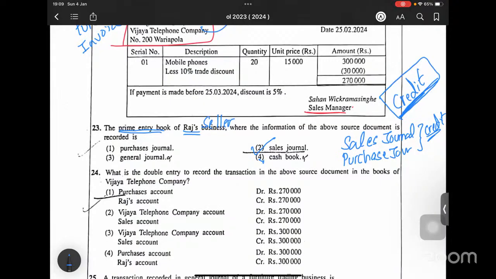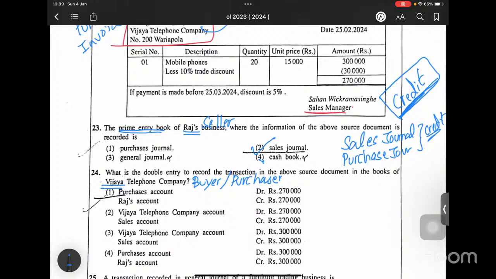The next question: What is the double entry to record the transaction in the above source document in the books of Vijaya Telephone Company? So Vijaya is the buyer, the purchase. How will Vijay record this transaction?